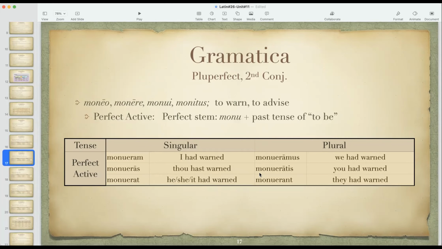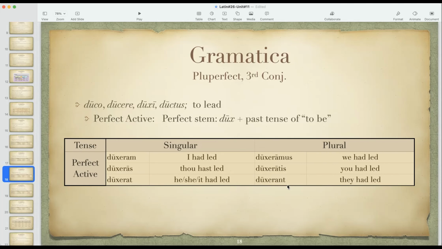Monueramus, we had warned. Monueratus, you had warned. Monuerant, they had warned. Now notice that in the other tenses, that erant becomes an erunt with a U. And that's how you can tell this is in the pluperfect as opposed to the other ones. And that's true, by the way, of them all.